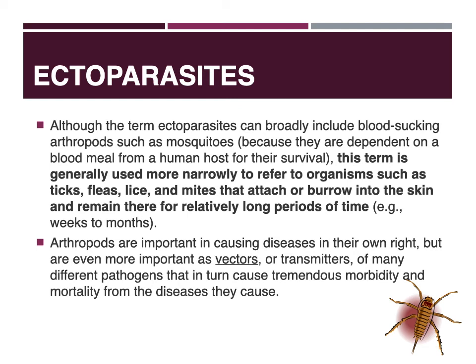So even if they may not be parasitic themselves, they may not cause disease themselves, they will transmit the parasite that will cause the disease. Okay, so they're really important as vectors for the life cycle of many of our parasites.